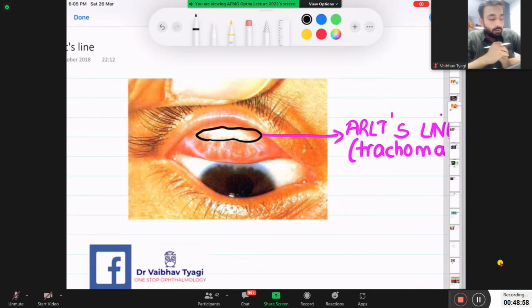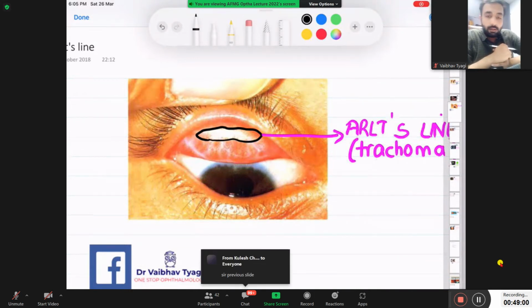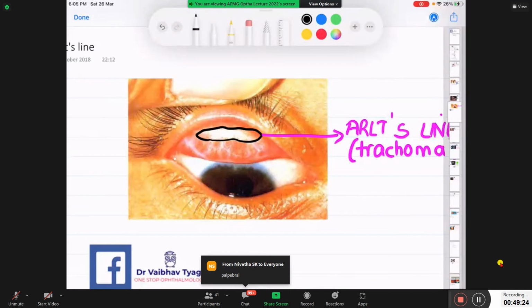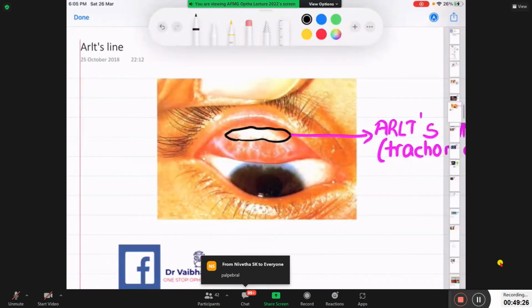Which conjunctiva is present at this location, if I invert my upper eyelid? Bulbar, no. Bulbar is what you are seeing on the sclera. Palpebral, right. Good.